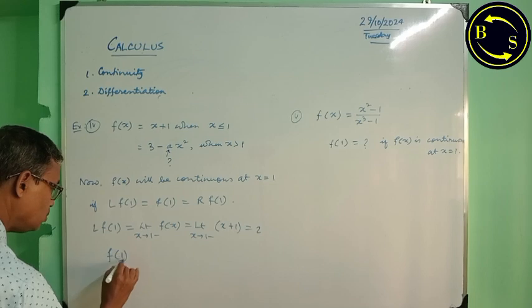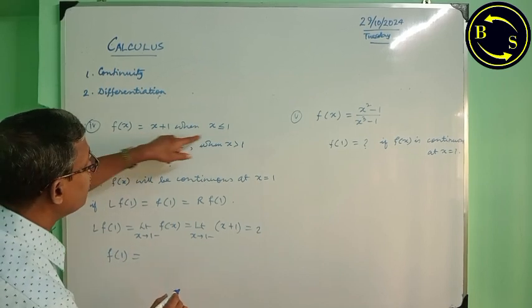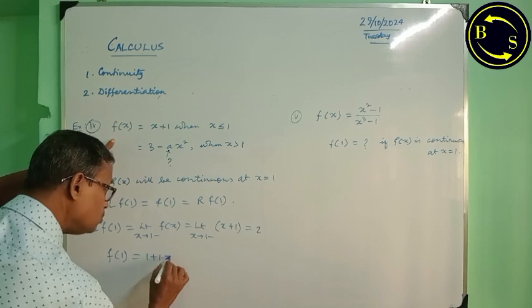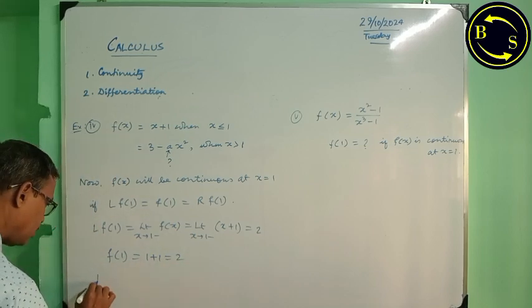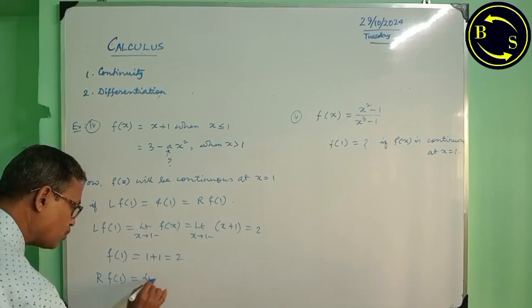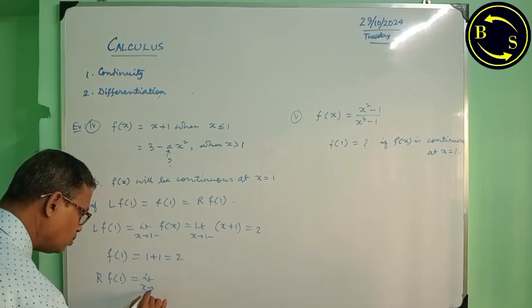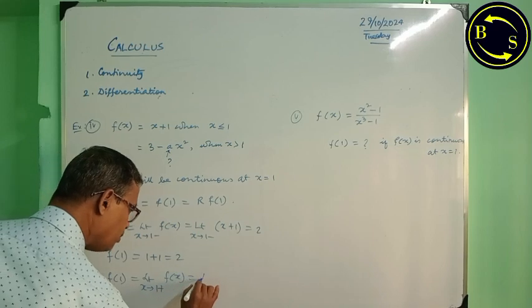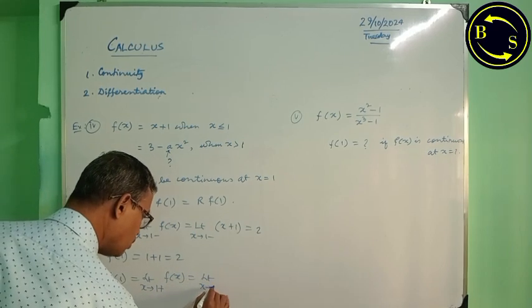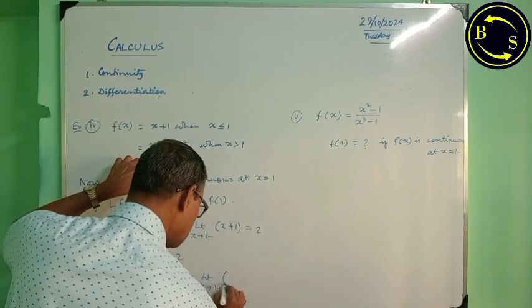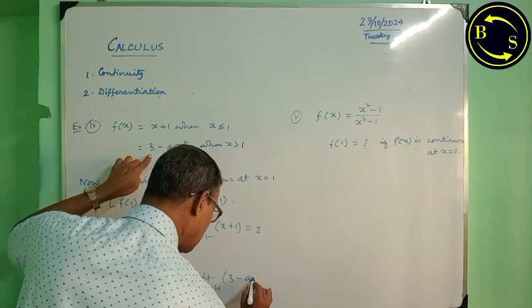f(1), from this condition we will get 1 plus 1, 2. And Rf(1) is the limit as x tends to 1 plus of f(x). The value of f(x) in this case is 3 minus a x square.